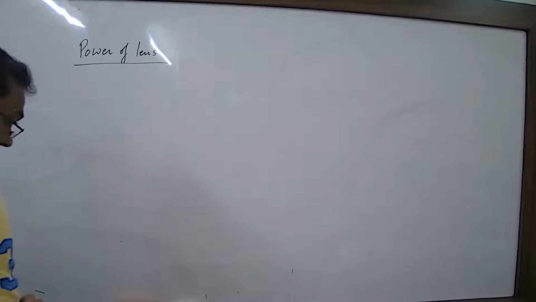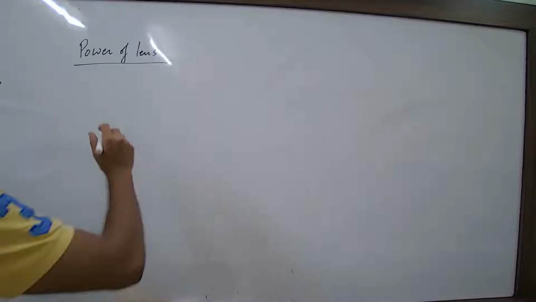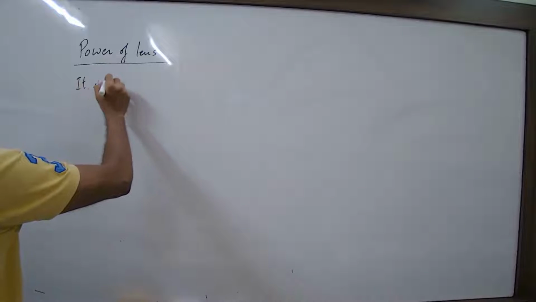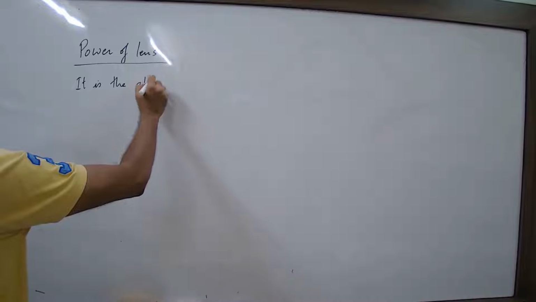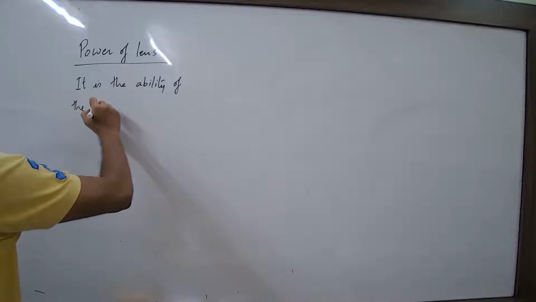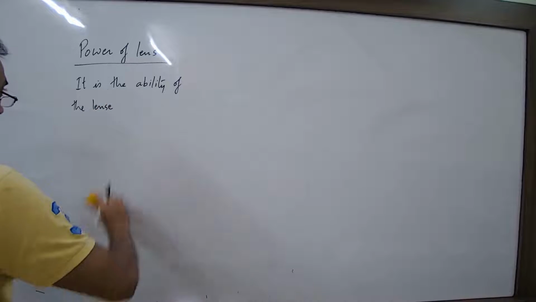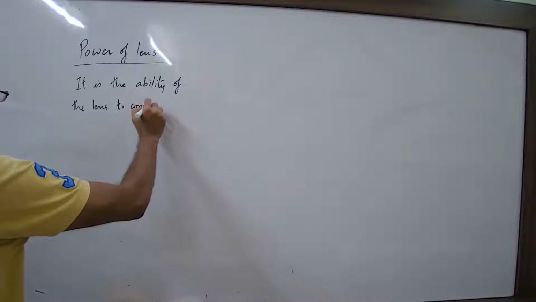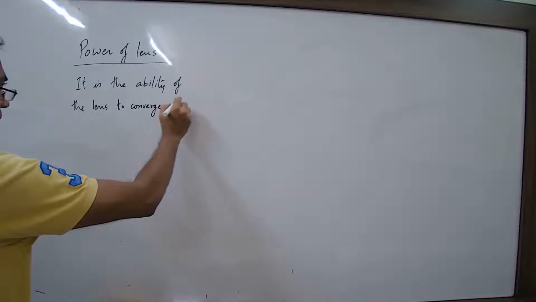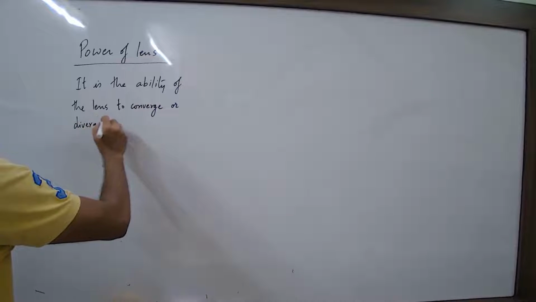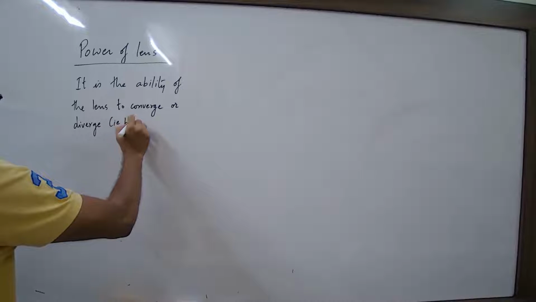Power of a lens is its ability to converge or diverge the incident rays, right? So its bending ability. It is the ability of the lens to converge or diverge, that is, bend the incident ray.